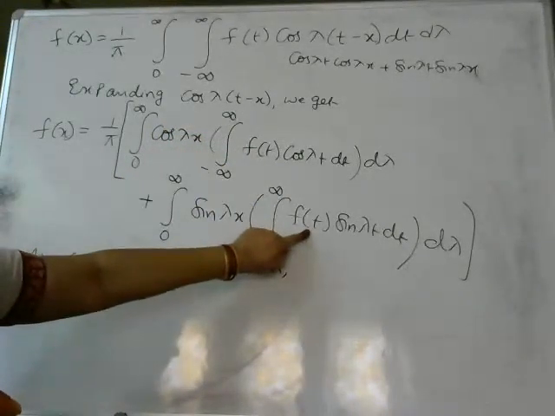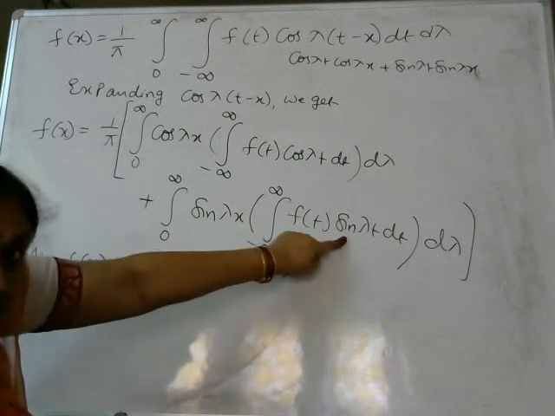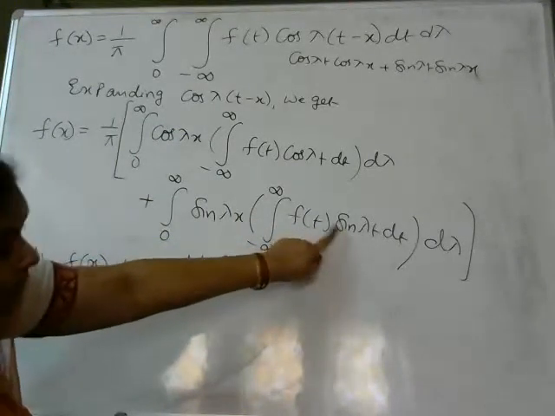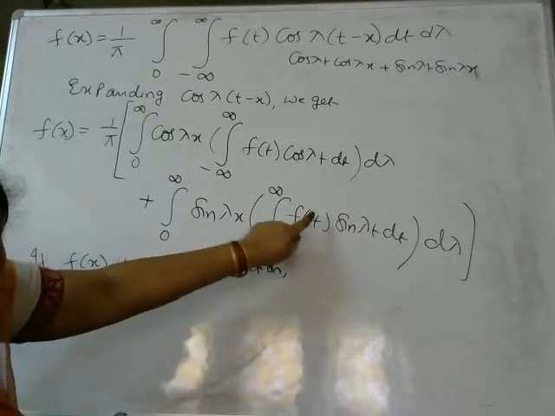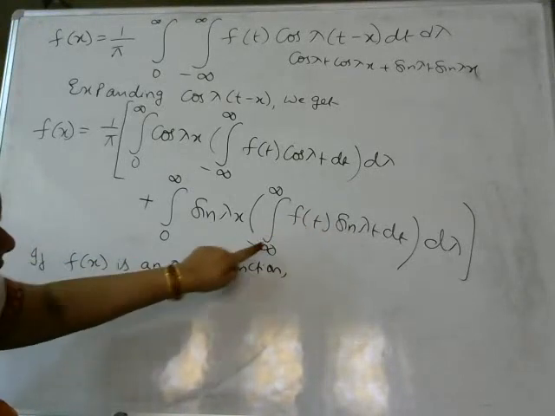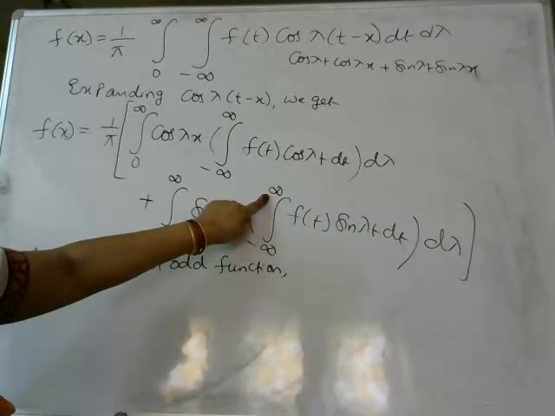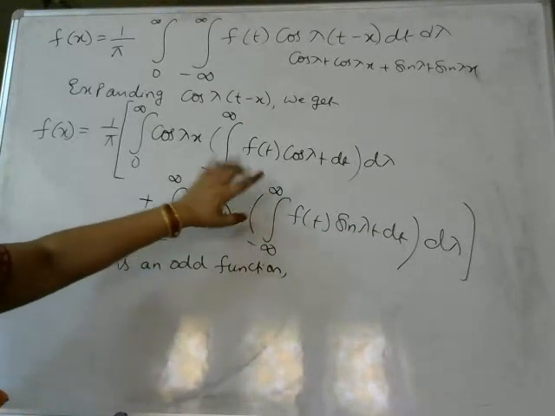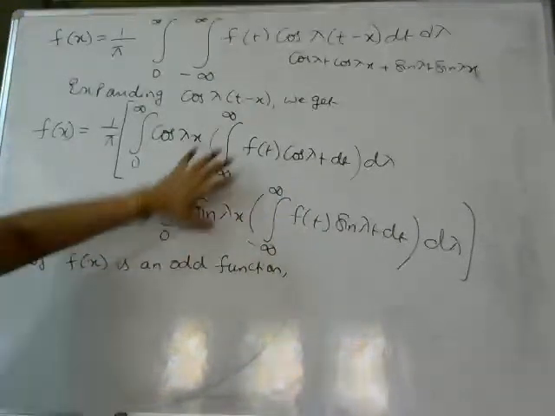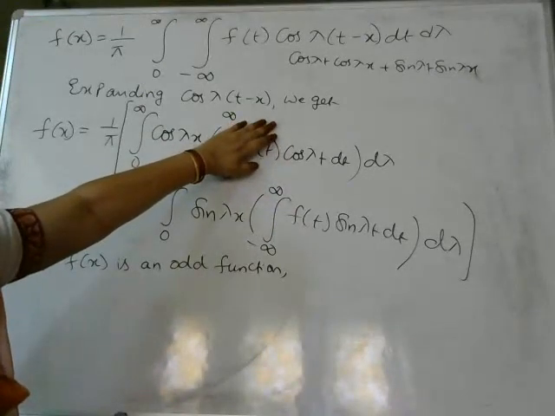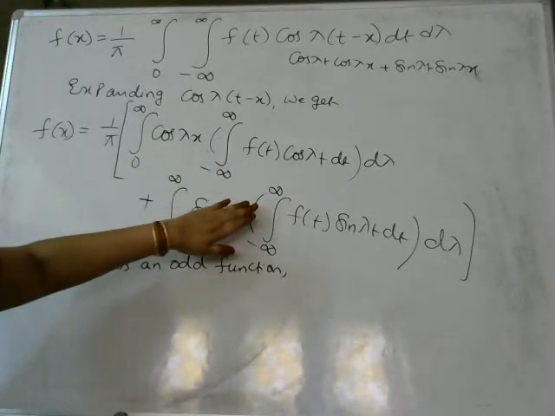Coming to this value, f of t we have taken as an odd function, and sin we know is an odd function. So the product of two odd functions becomes an even function. An even function from minus infinity to infinity can be written as 2 times 0 to infinity. So if we take f of x as an odd function, this value is completely 0 and we are left with only this value.